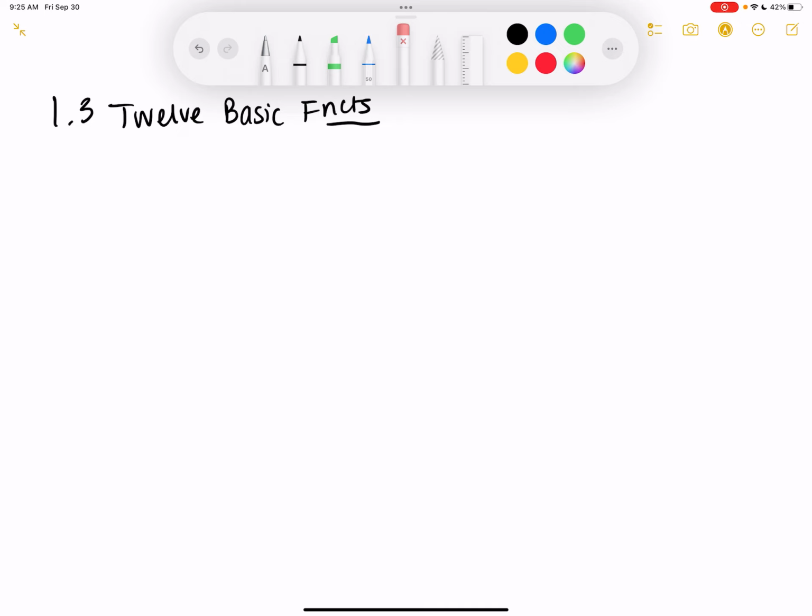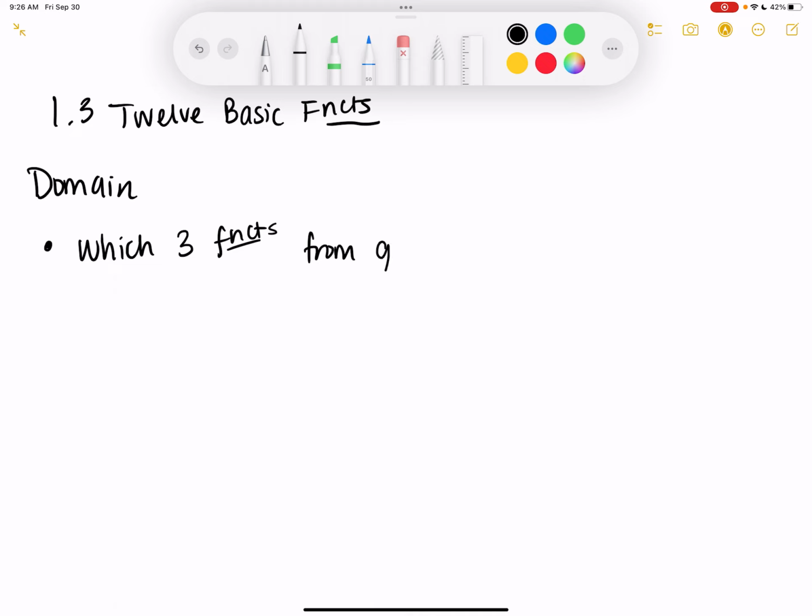All right, so we're going to start out with some domain questions. So, which 3 functions, okay, it's referring to out of the 12, from the graph, do not have a domain of all real numbers?